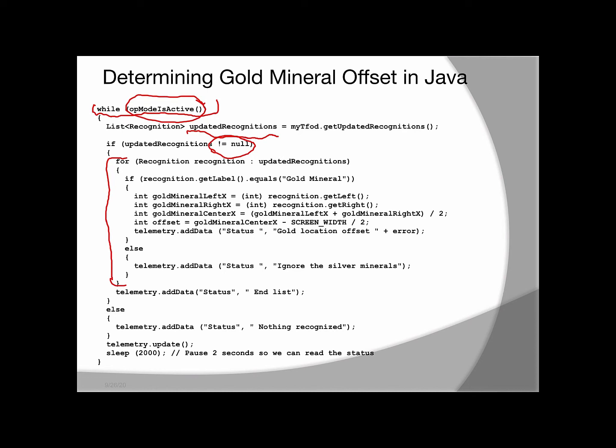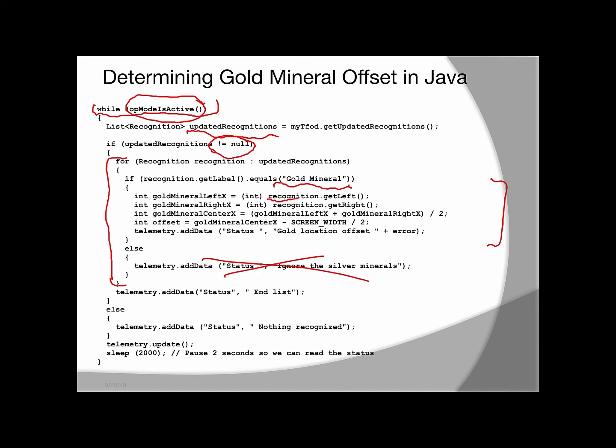And if it is gold, like it is over here, then we're going to compute its offset. If it's silver, we're just going to ignore it. So we have the recognition. We know it's a gold one.